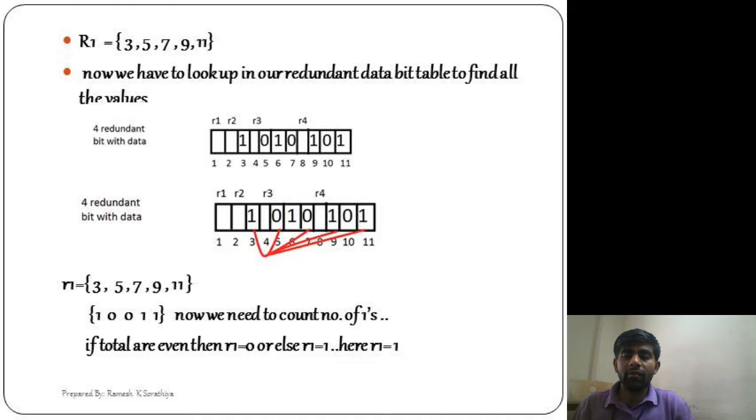Now we need to count the number of ones. If the total is even, then R1 will be 0, or else R1 will be 1. In R1 we can see that three ones are there. So 3 is not an even number, and we have to convert it from odd into even, so we have to add 1.